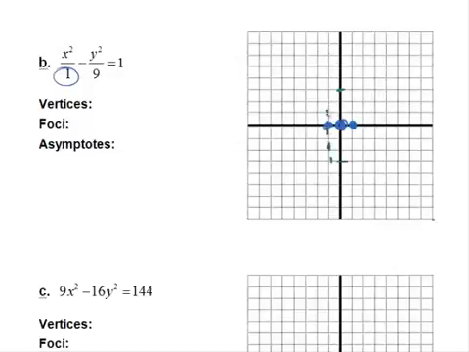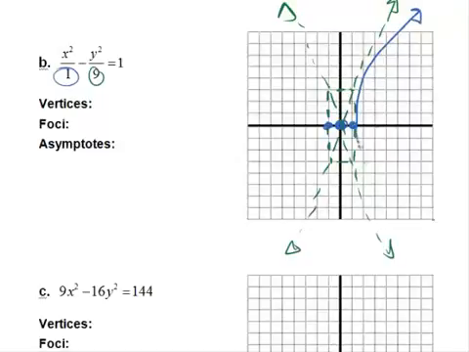So here's your box, 3 units away. And then your asymptotes on this one are going to be really steep, running through here. And now you can put in your hyperbola shapes.